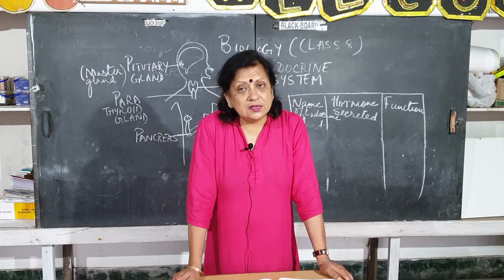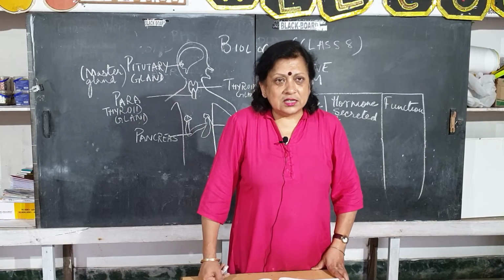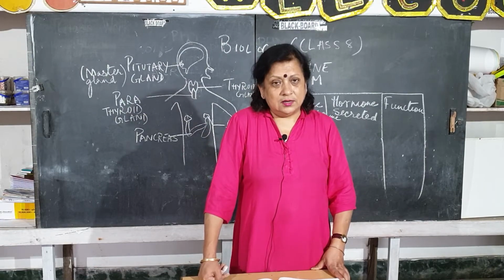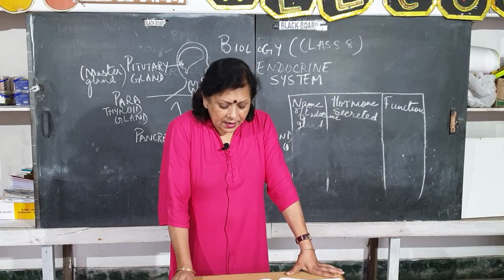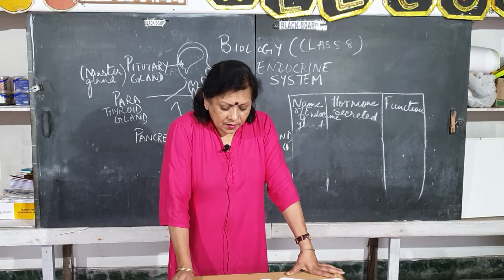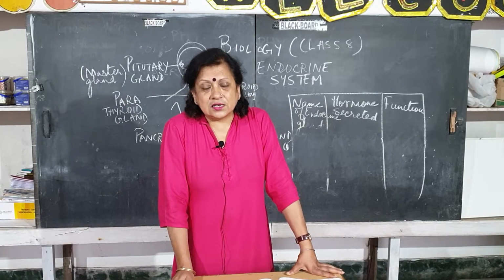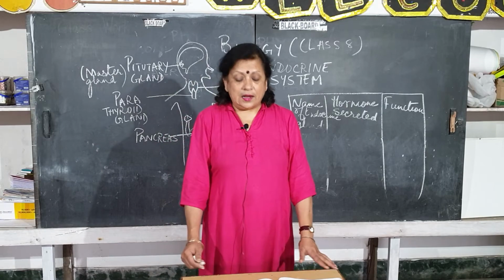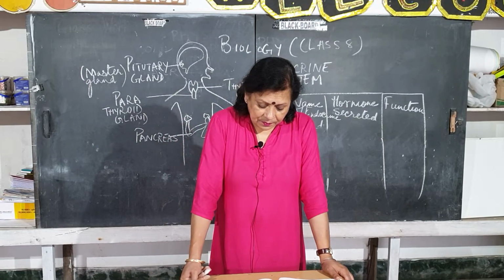Act fast means the action of the secretions of the endocrine glands will be much slower than the nervous impulses. And at the same time, they act only where they are needed, that is, on the cells and organs of the body where they will be needed.